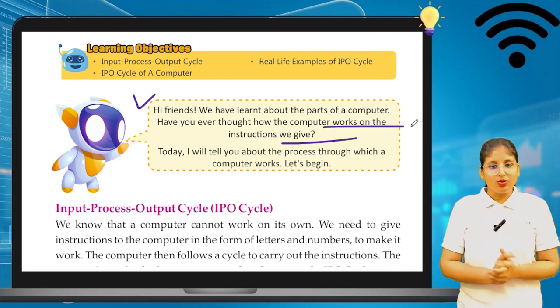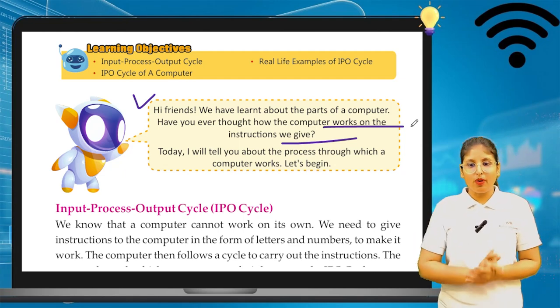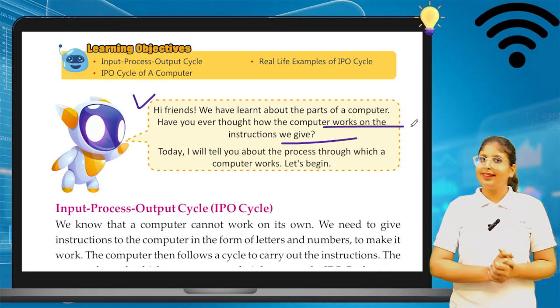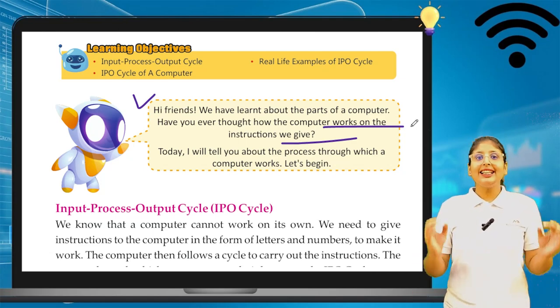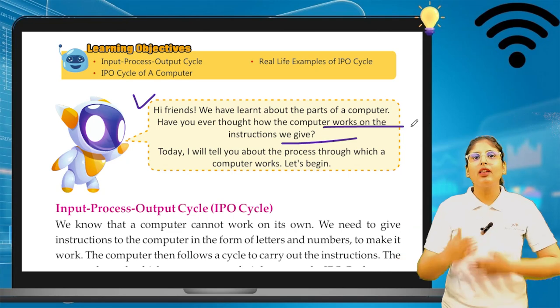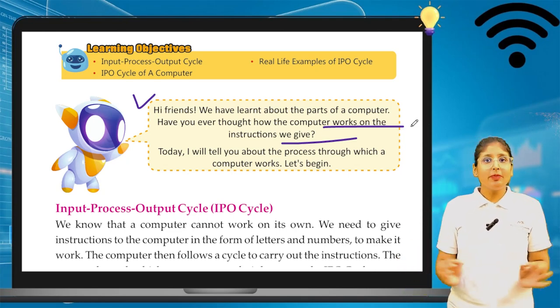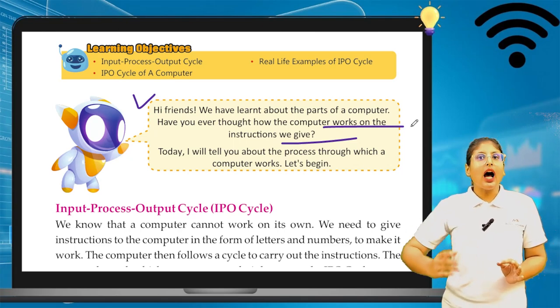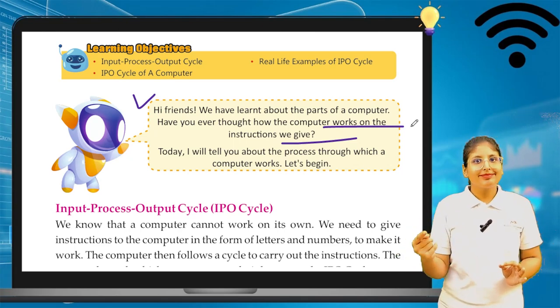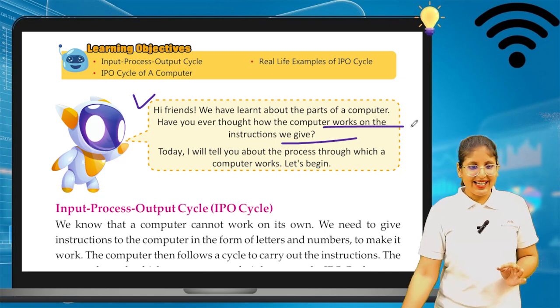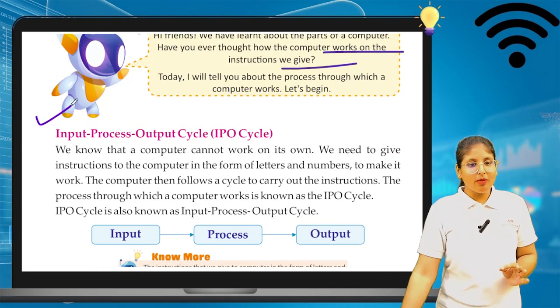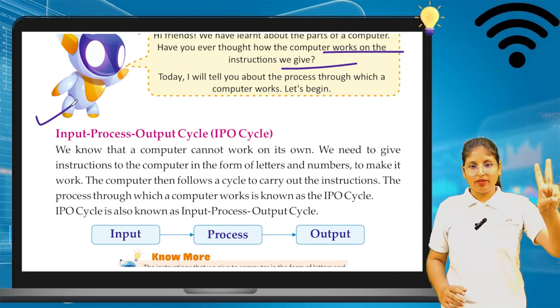So today I will tell you about the process through which a computer works. Let's have a look at how the computer functions. The full form of IPO is input, process, output.